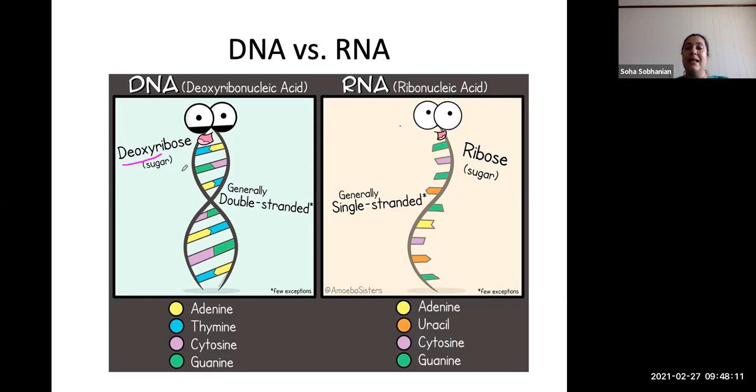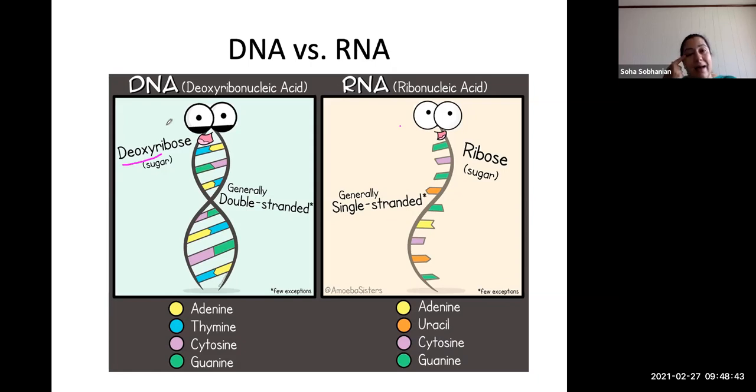So it is still a ribose, the same sugar, but it's missing an oxygen. So if you're distinguishing between DNA and RNA, other than double-stranded versus single-stranded, DNA has deoxyribose, which means it has lost one of the oxygens on the ribose. And RNA means the sugar is just a perfect sugar with all of its oxygens, and it's called ribose.